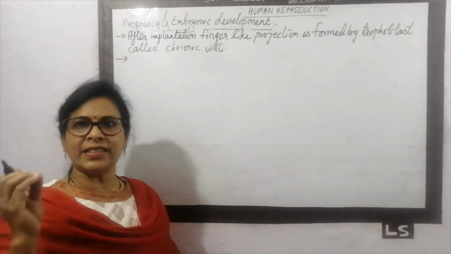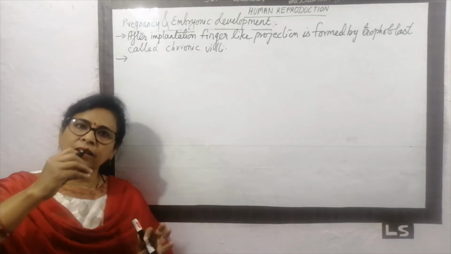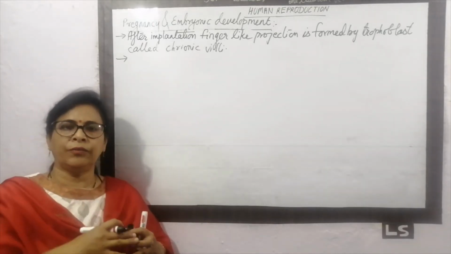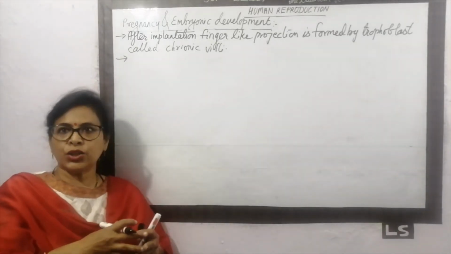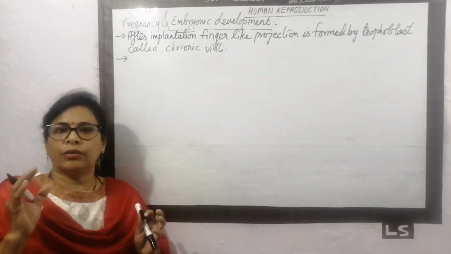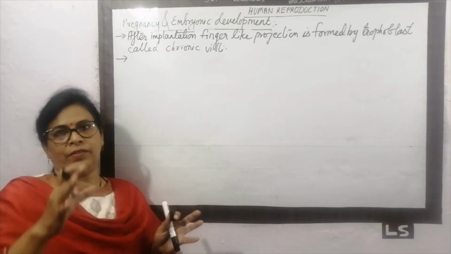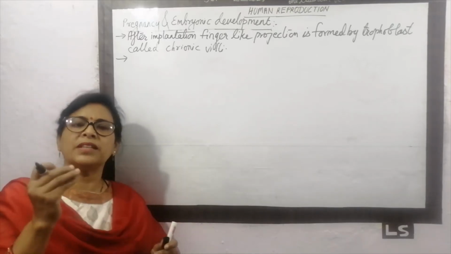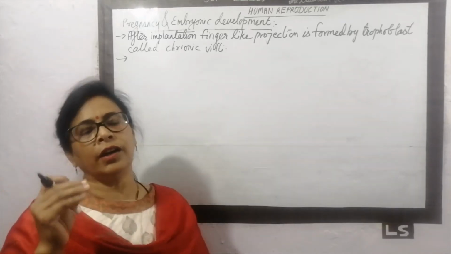Chorionic villi are inserted inside the folds of the endometrium. The chorionic villi, surrounded by the uterine tissue and all the blood vessels, are inserted inside the uterine tissue, that is, inside the folds of the endometrium.